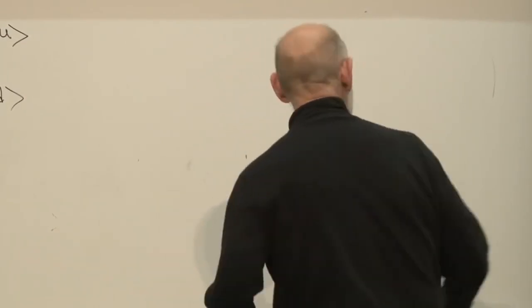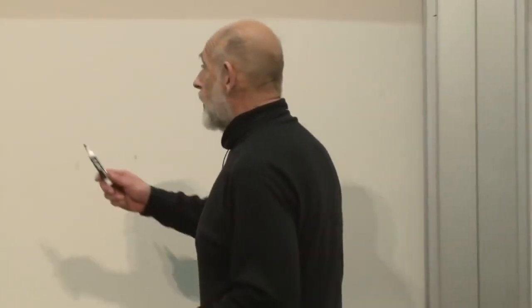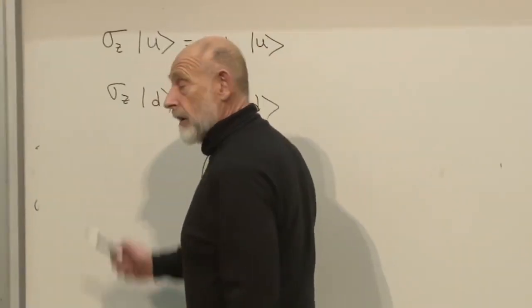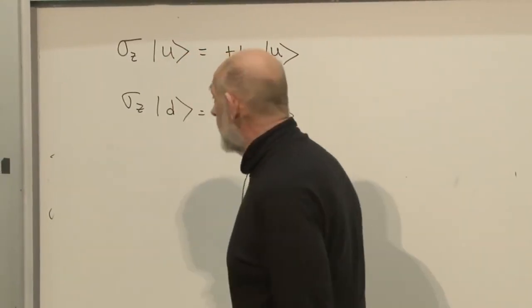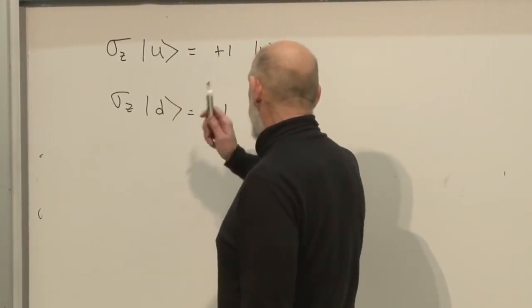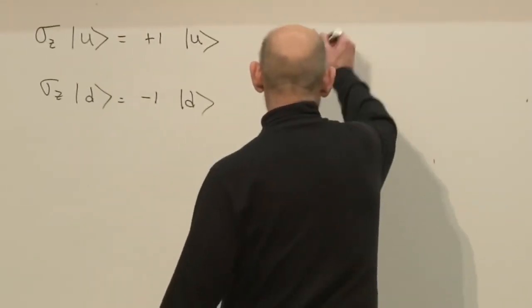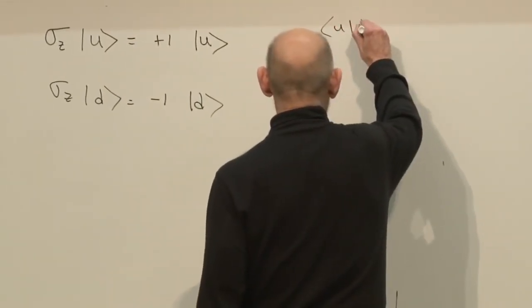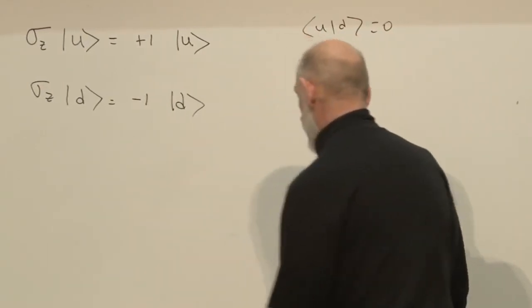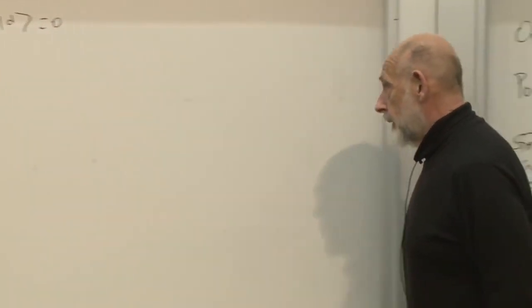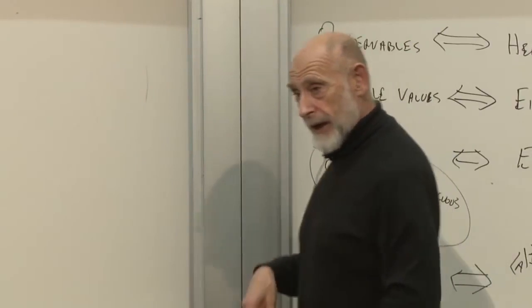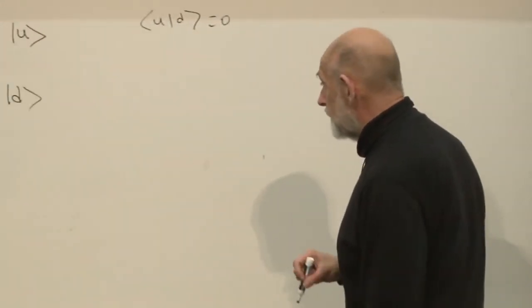They must be, because if sigma z is an observable, it corresponds to a Hermitian matrix. If there are two different eigenvalues, the eigenvectors must be orthogonal for a Hermitian matrix. So we first learn that up and down are orthogonal. That's one fact. It doesn't matter whether we write up, down, or down, up. We could write it in the opposite order.